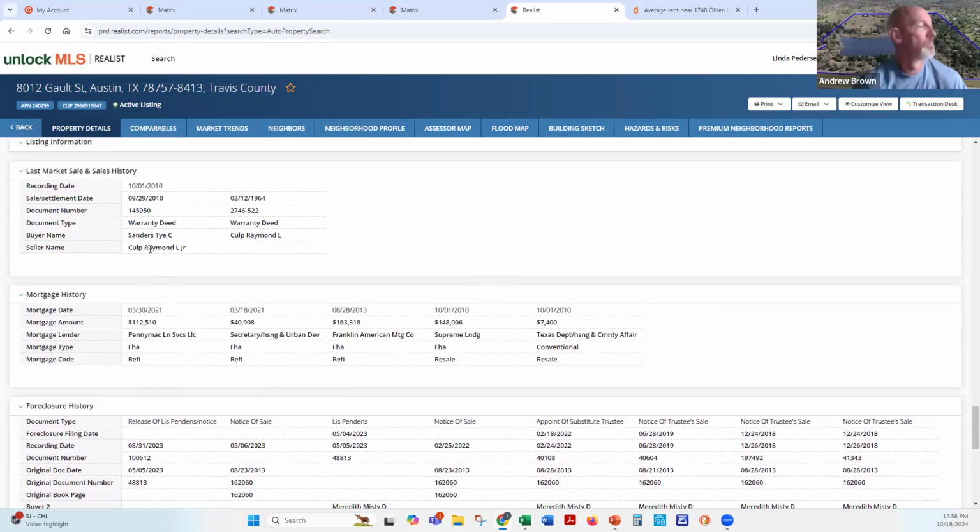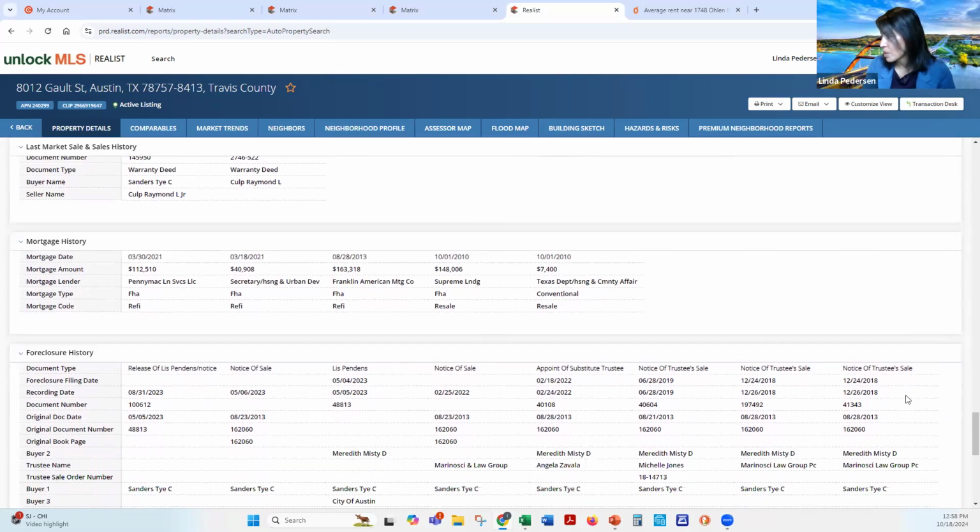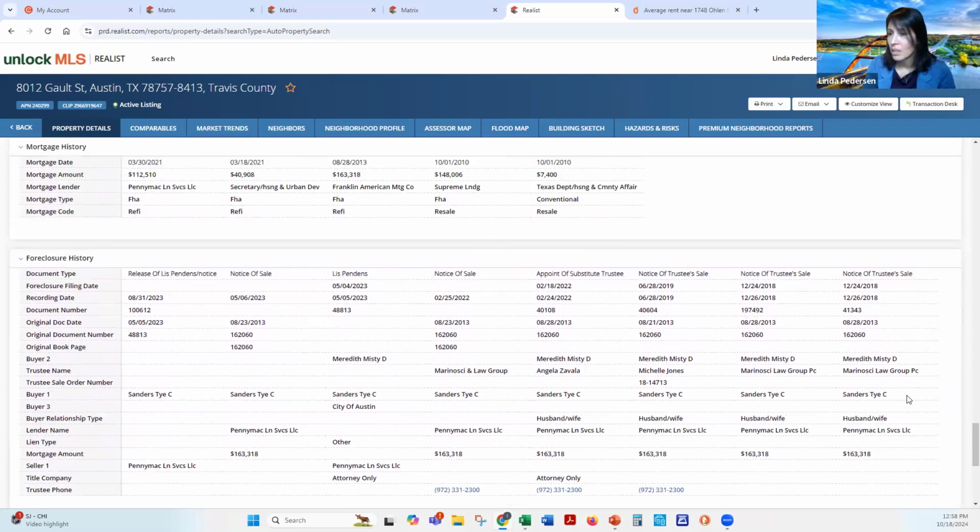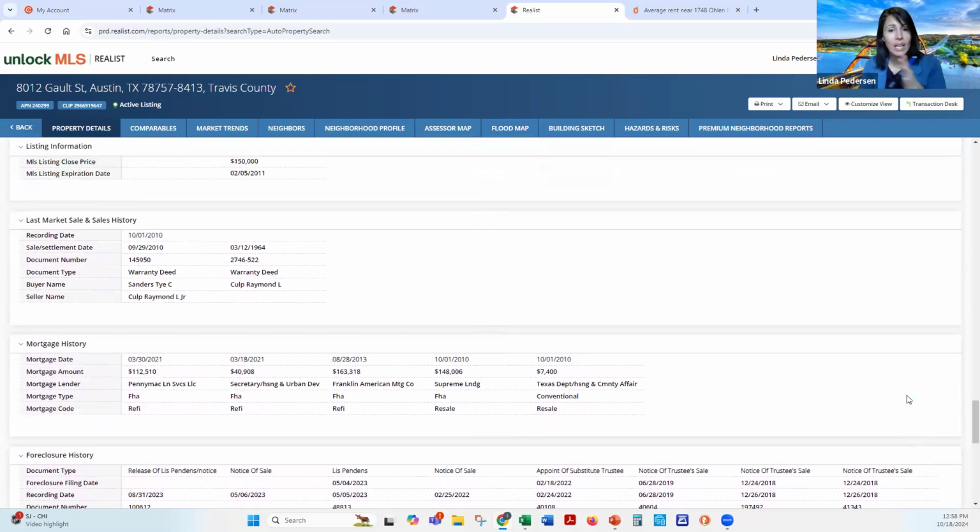They haven't sold it. In 2023 they had a lis pendens, and they've had notice of sales and lis pendens all the way back, including 2018. So a history of financial challenges, and they bought it in 2010.